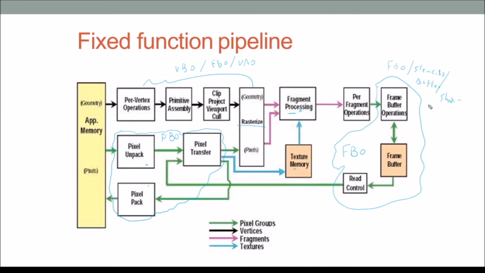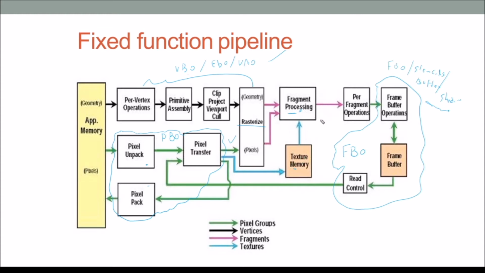So these operations are yet to be talked about, but this part we already covered, right? We will do some practical on that. Also, SOIL handles most of these, the unpacking and packing of the pixels. There's not much to do with the PBO. It's just a buffer object that's passing all the pixel colors, right? So in that case you don't have to worry about that much, right?